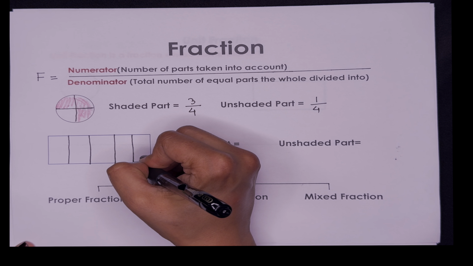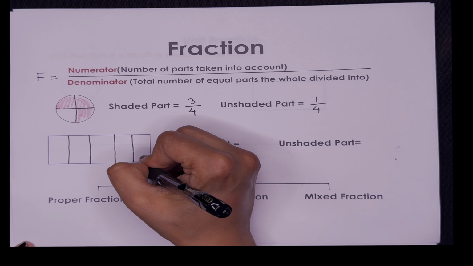So five 1 by 5 parts make the whole rectangle. 1 by 5 is a unit fraction. Again, if we express it with a number bond, 1 is the whole, 1, 2, 3, 4, 5. Let's put our unit fraction 1 by 5, 1 by 5, 1 by 5, 1 by 5, and this is also 1 by 5.